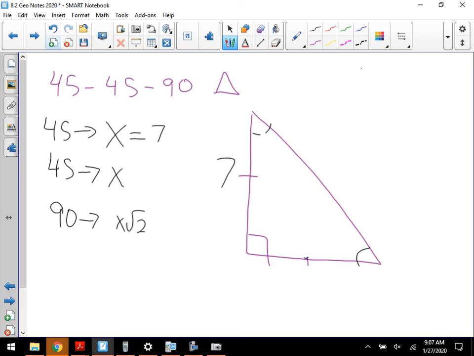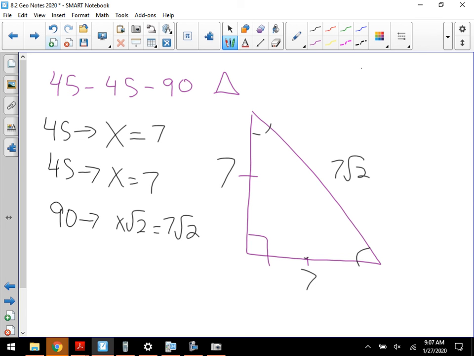Which means everywhere else I see an x, what do I put? 7. There you go.